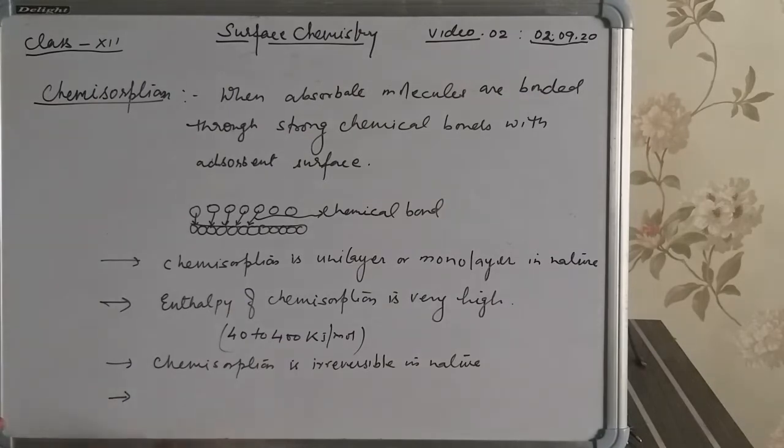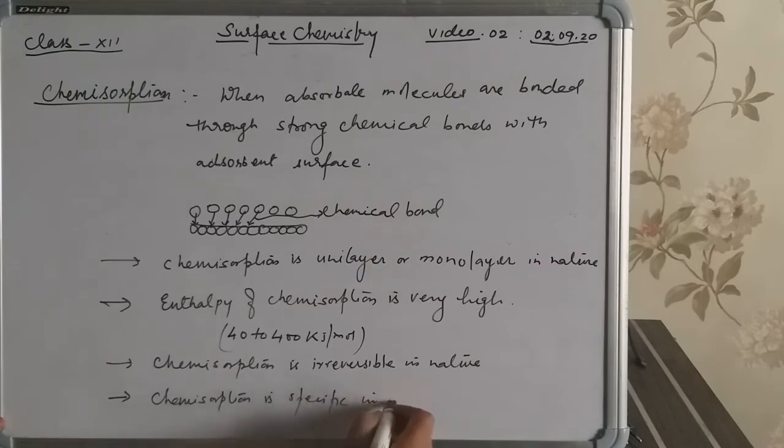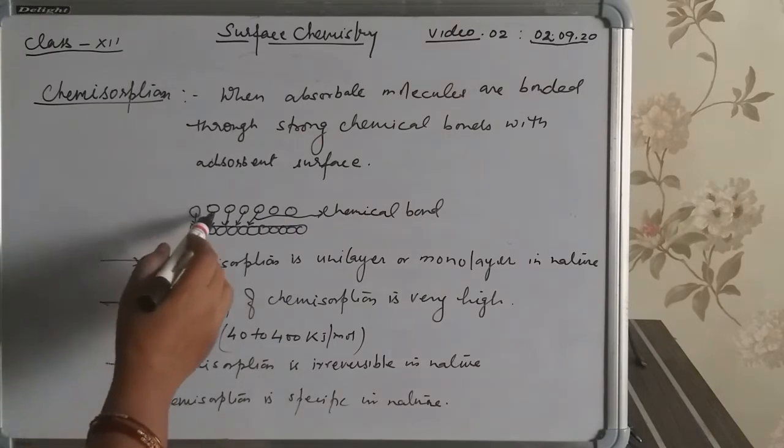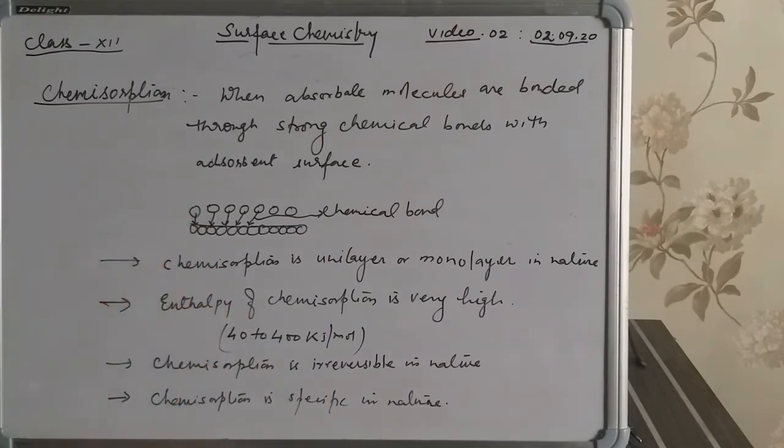Chemisorption is specific in nature, because between these molecules there is a force of attraction, or these particular molecules have a tendency to form bond. So these are specific in nature.